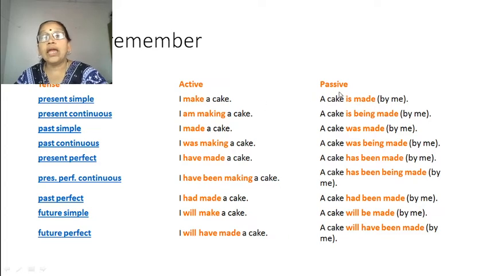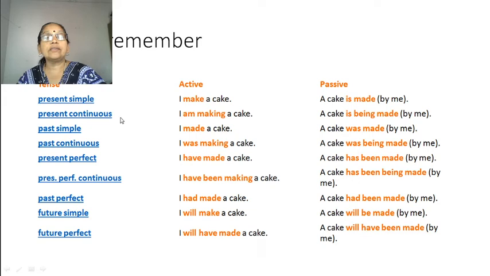So in a passive voice, this object comes in the place of the subject. A cake. Here the sentence started with I, and in the passive it starts with the object, that is a cake. A cake is made by me. Here I becomes me. As it is simple present tense, the verb will be is.